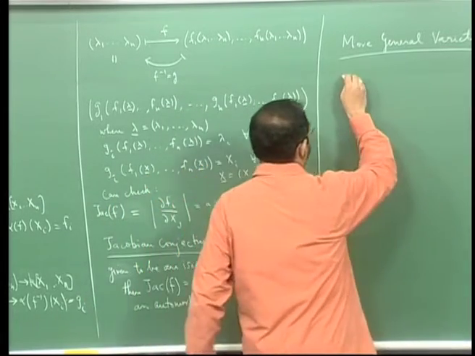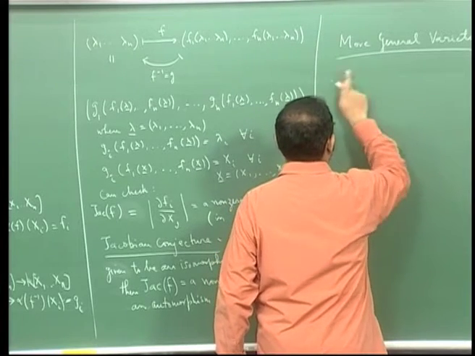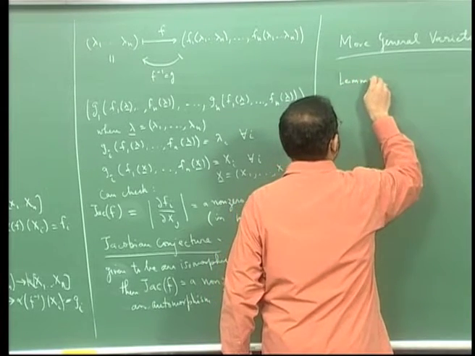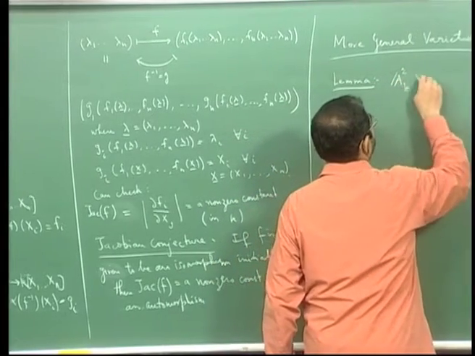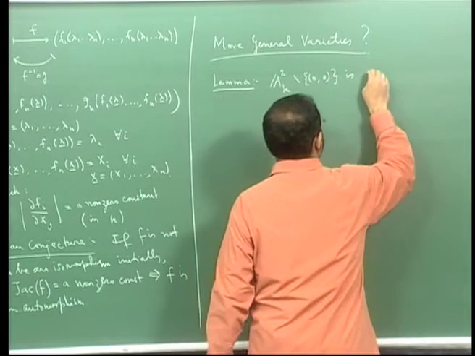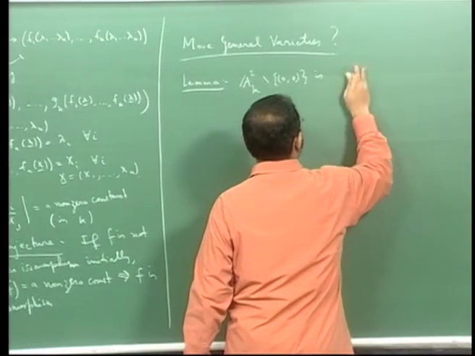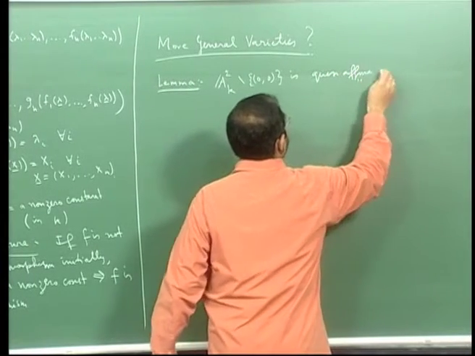So here is a claim, or I can just put it as a lemma: A^2 over k minus the origin is quasi-affine but not affine.